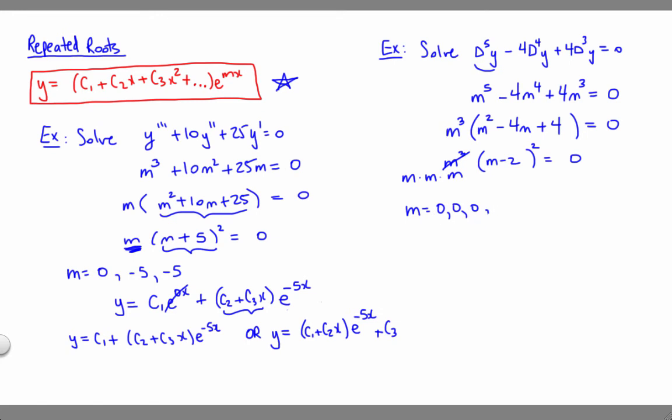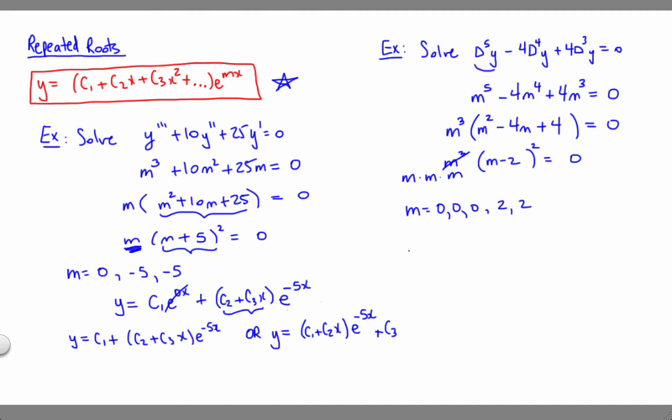And then we've got the root positive 2, and that occurs twice. So overall, 5 different roots. And that makes sense if we're solving a 5th degree equation. So exponent 5 there in our equation, then we expect to have 5 roots in the answer. There we go. 0 is repeated 3 times, and 2 is repeated twice.